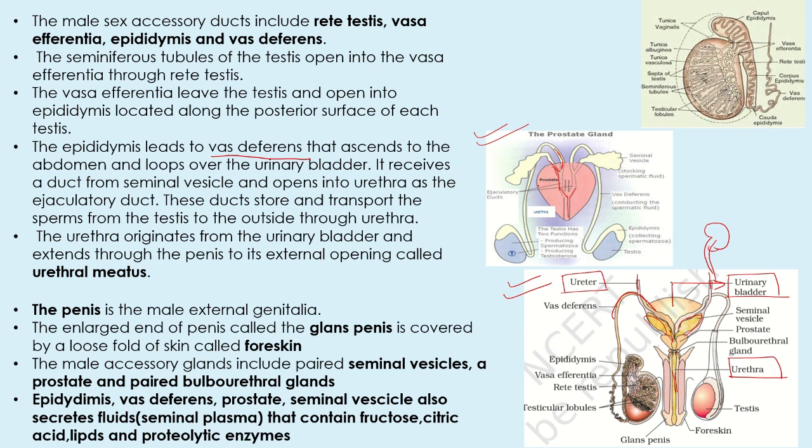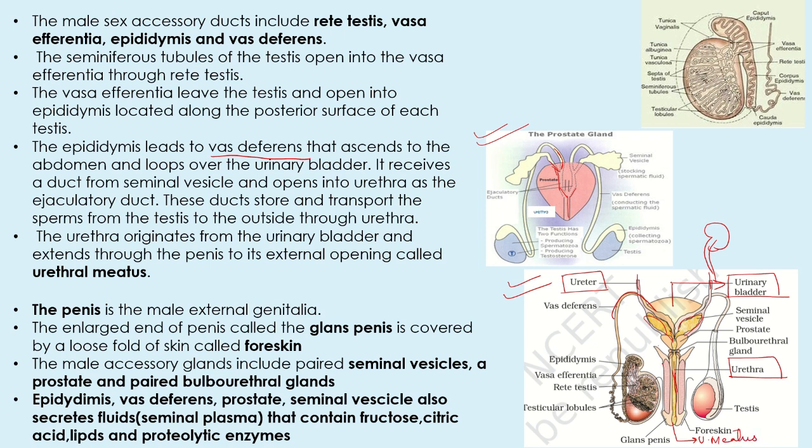Now what do these ducts do? These ducts store and transport the sperms from the testis to the outside through this common passage called urethra. So this entire structure that you're seeing here is the urethra, and this opening is called the urethral meatus. What is it called? Urethral meatus.